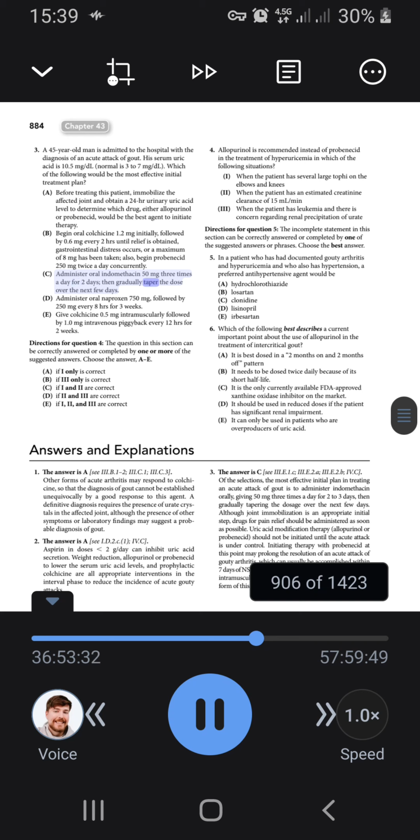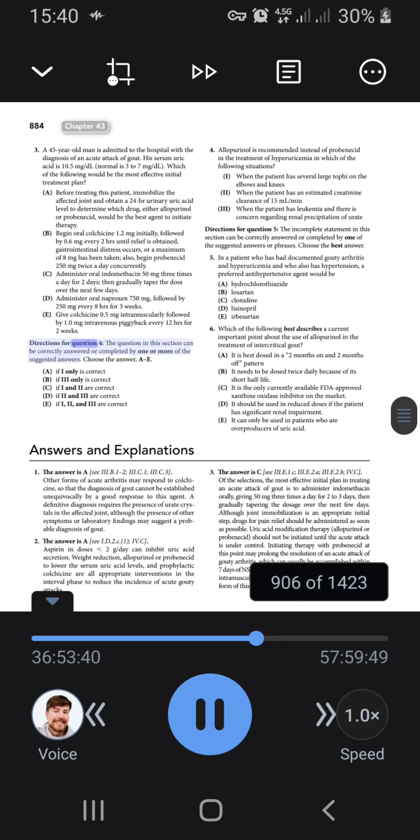Then gradually taper the dose over the next few days. D. Administer oral naproxen 750 milligrams, followed by 250 milligrams every 8 hours for 3 weeks. E. Give colchicine 0.5 milligrams intramuscularly followed by 1 milligram intravenous piggyback every 12 hours for 2 weeks.